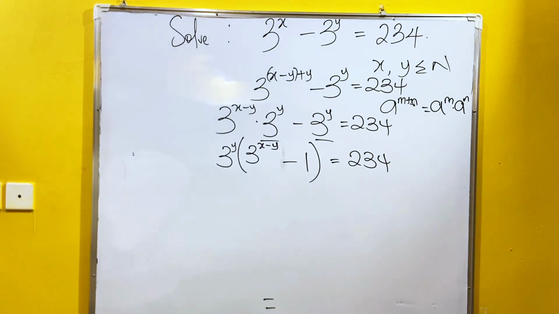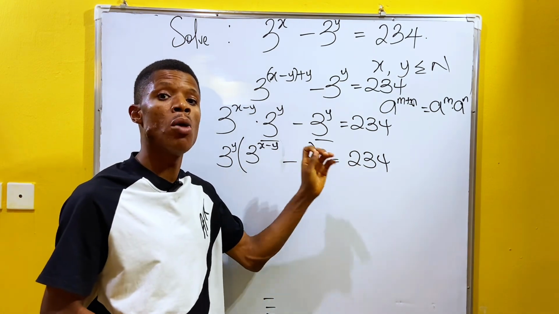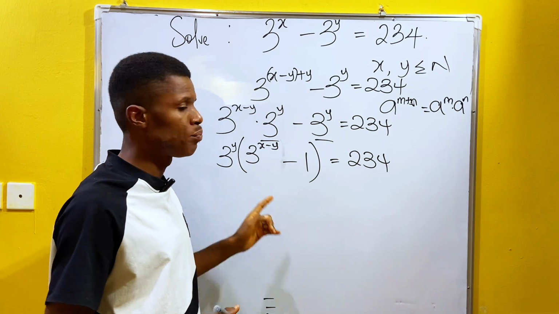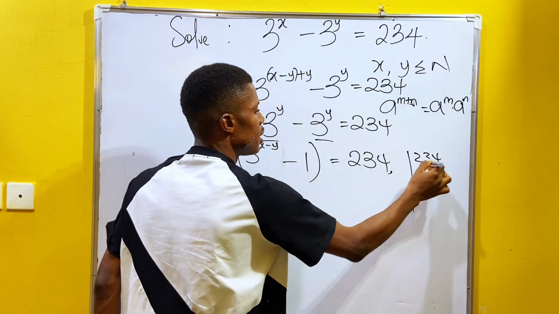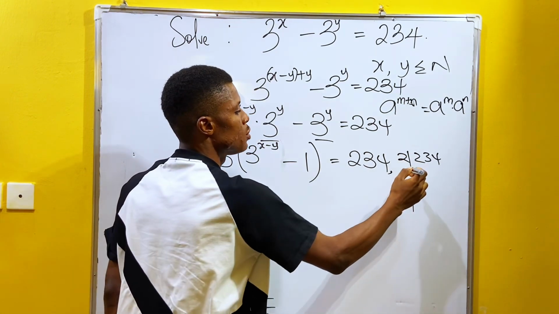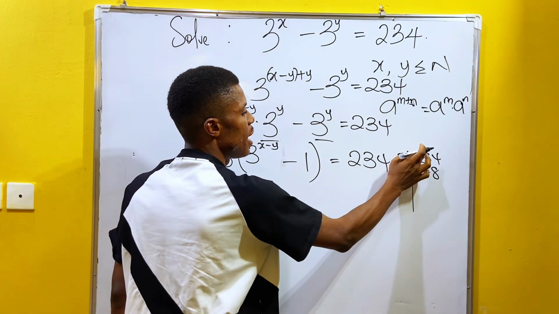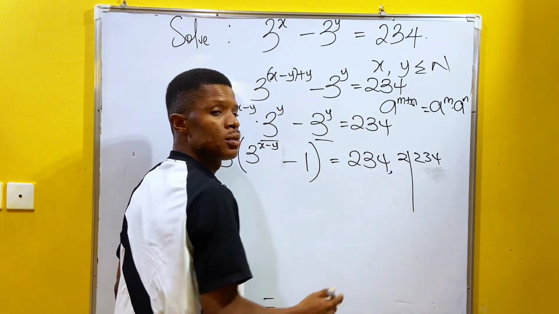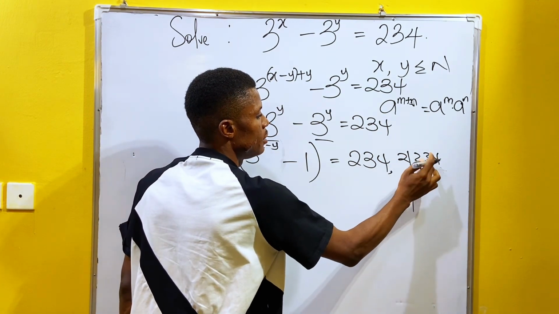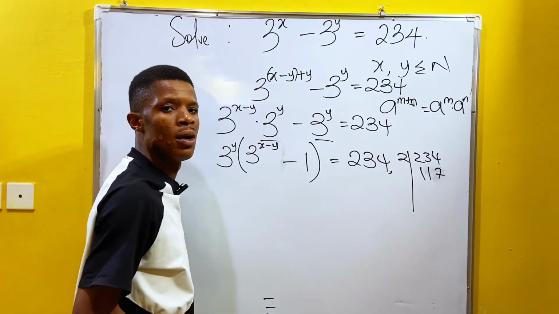So one of the factors in this 234 must be a power of 3. Let's look at this. If we divide 234 by 2, you are going to have 117.